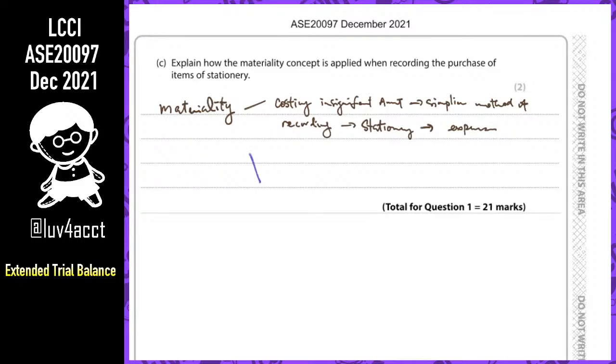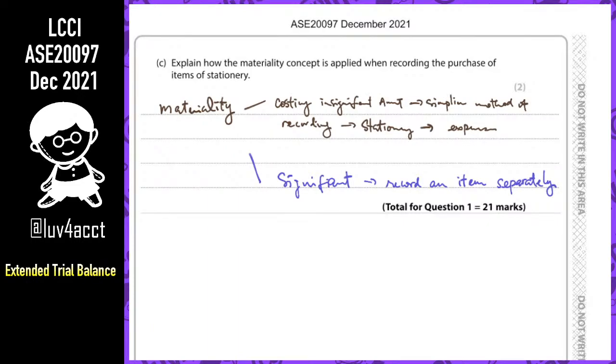Another side is, how about if it is significant? If it is significant, then you should record an item separately. Let me give you an example.